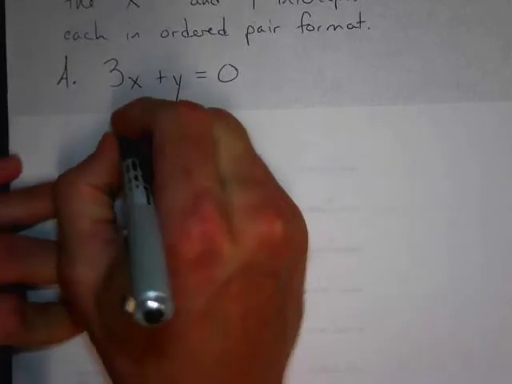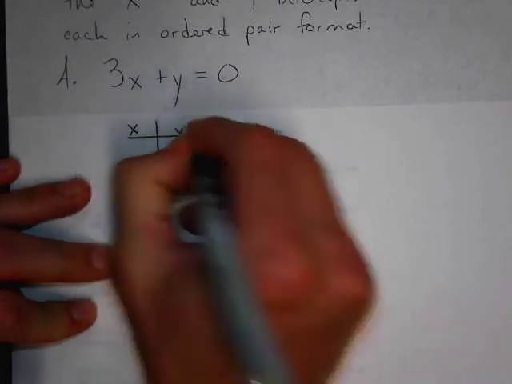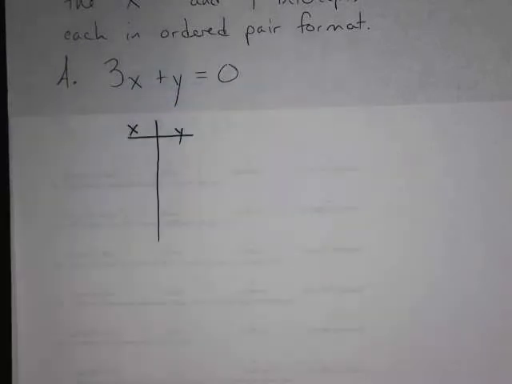Now we already know it makes a straight line. So what we can do is make our xy table, and basically how many points do we need? If you watch the guaranteed pass notes or the previous notes on graphing, I want 5 ordered pairs, right? But I only need 5 ordered pairs if I don't know what the graph looks like.